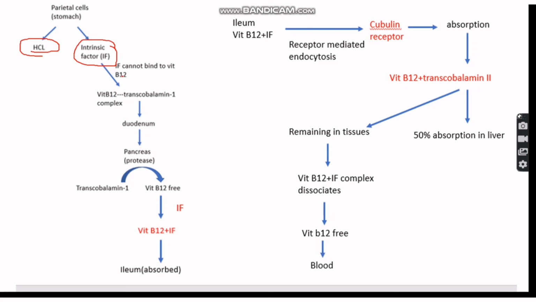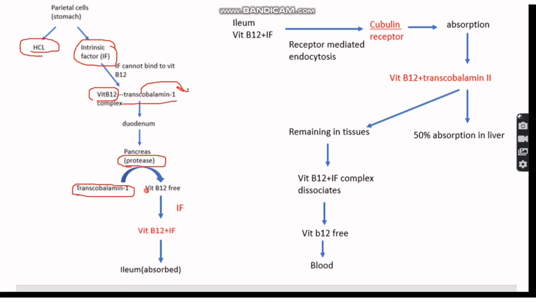When this complex and IF enter the duodenum, the pancreas will release protease enzyme in the duodenum. This protease enzyme will free the transcobalamin 1 carrier protein from vitamin B12.